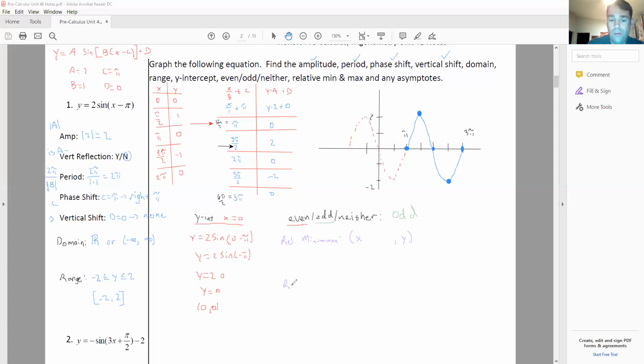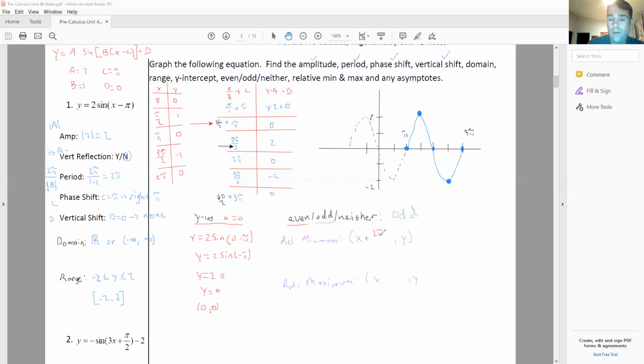Relative max is also going to be the same thing, but you need to remember something. These graphs go on forever. So that means I have an infinite number of relative minimums and an infinite number of relative maximums. So because of that, it's more than just the relative min and max. These things are going to repeat over and over and over again. It's going to repeat whatever the period is.